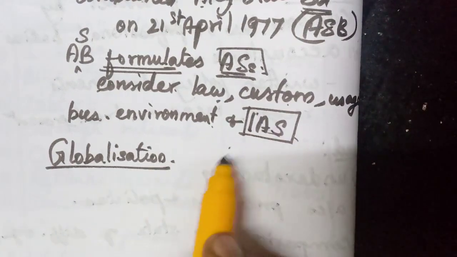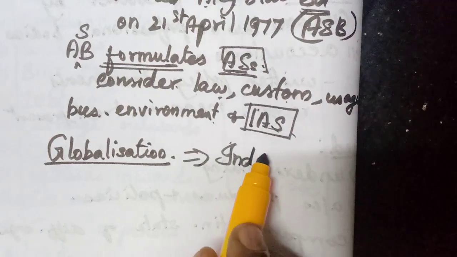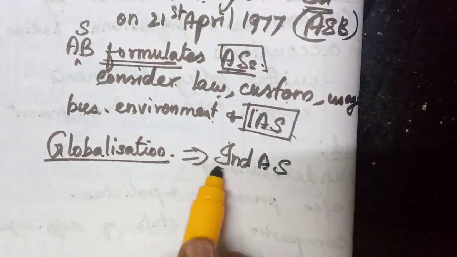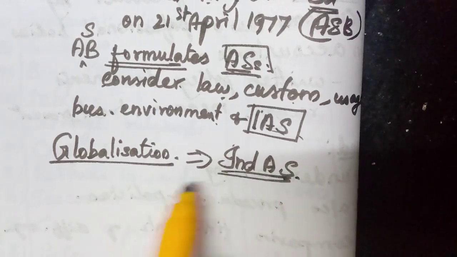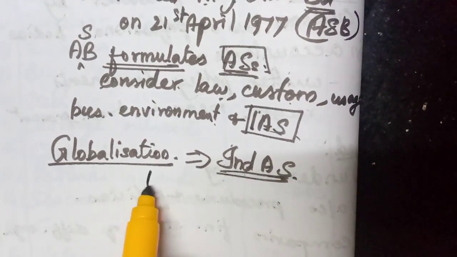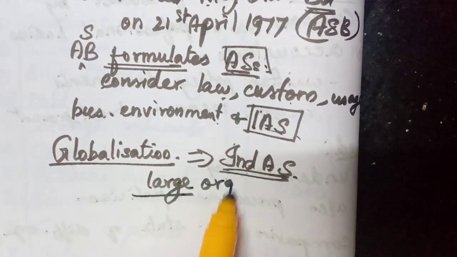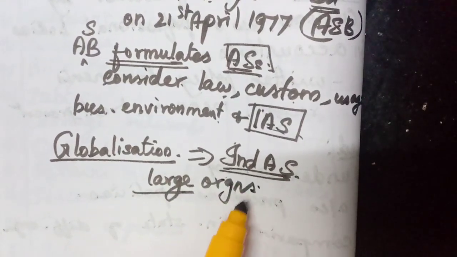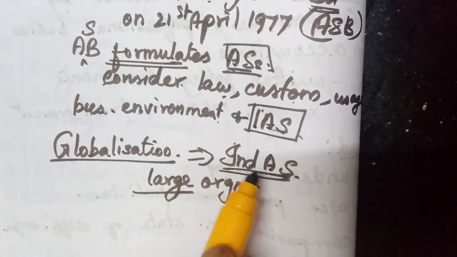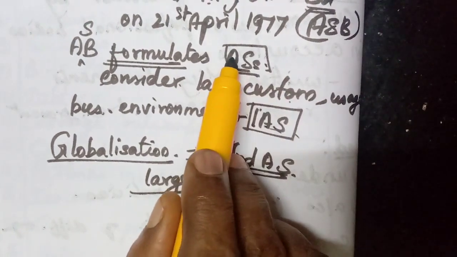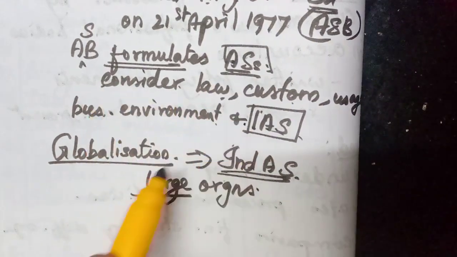accounting standard, that is called IND, Indian Accounting Standard. It is new. Now this Indian Accounting Standard is followed by large organizations, big companies. With our accounting principles, including this one, they will consider everything.